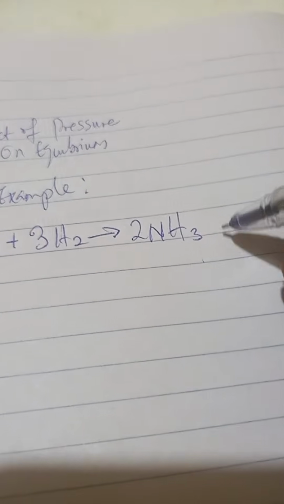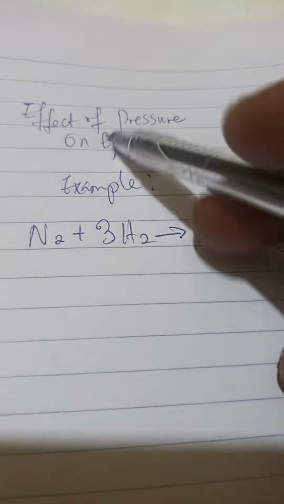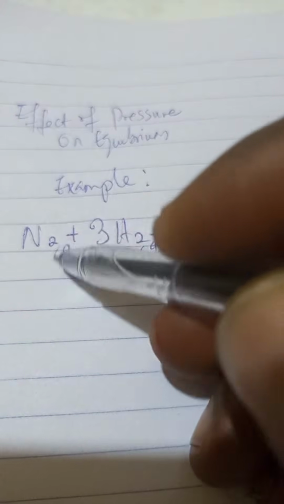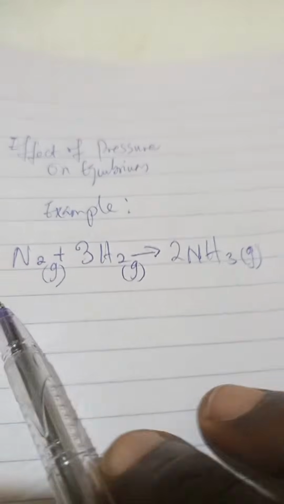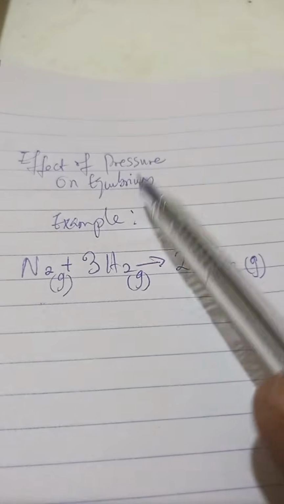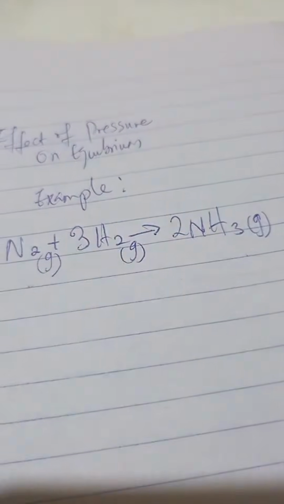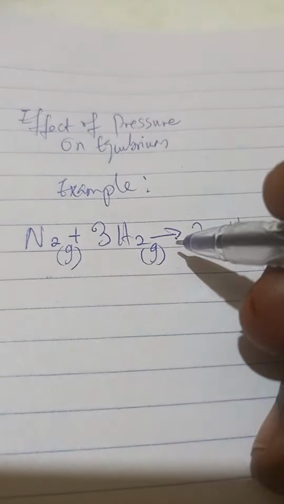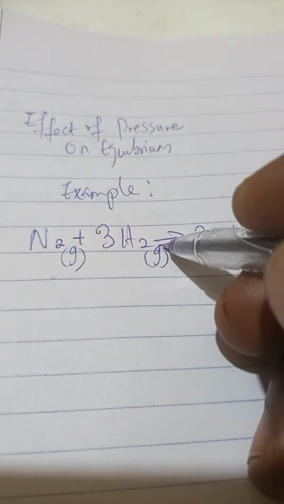I'm going to put gas here because the effect of pressure is only for gases, so it does not affect systems that are solids. It's only for gaseous reactants and gaseous products. Now, pay attention. For a change in pressure to affect a chemical system in equilibrium, this system is in equilibrium. Sorry, I didn't put the two arrows forward and backward.